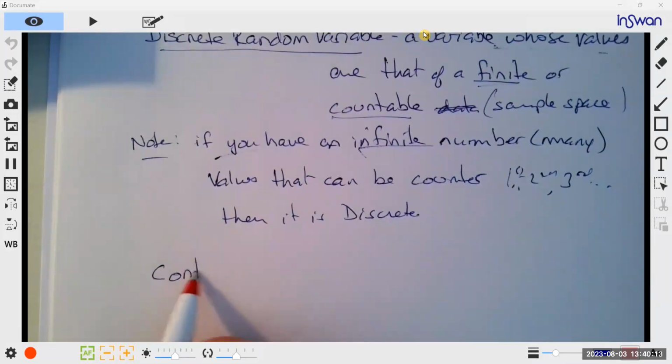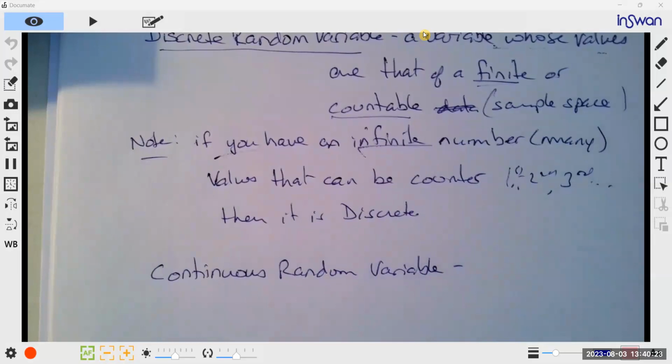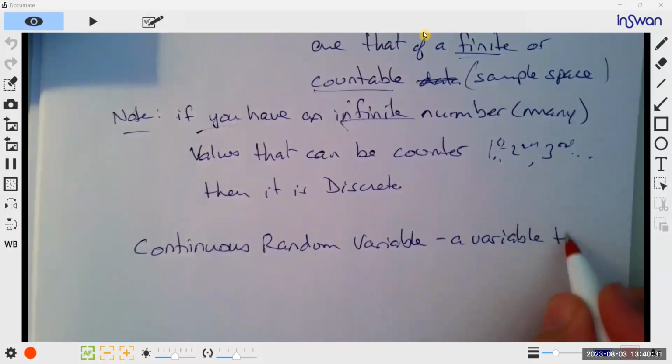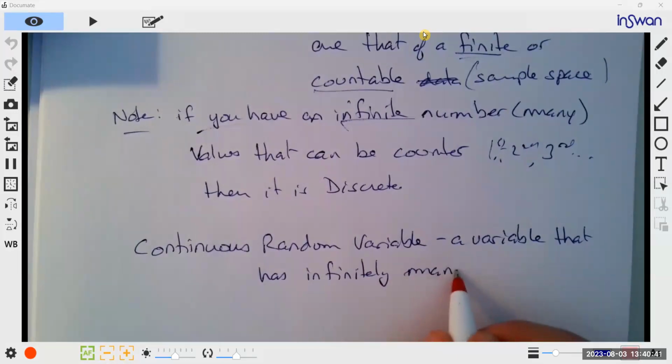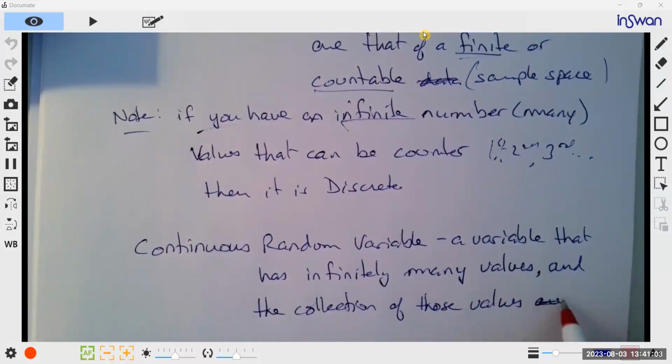As opposed to a continuous random variable, a variable that has infinitely many values, and the collection of those values is not countable.